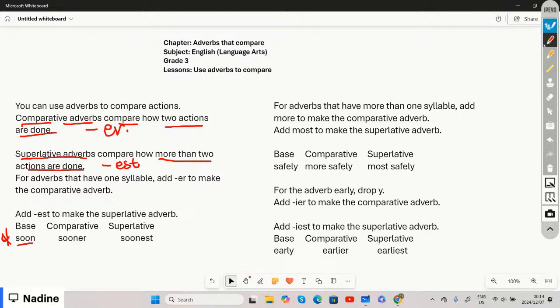But now if we want to show the comparative adverb, and we said our base word is soon, that will tell us when the action will take place soon.